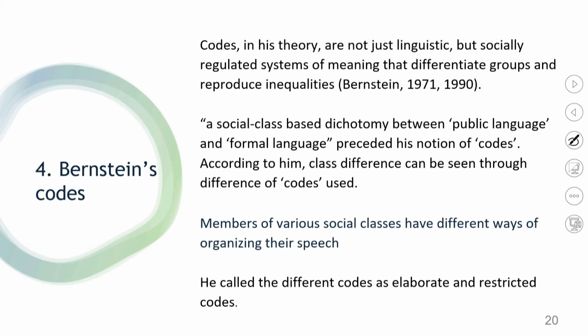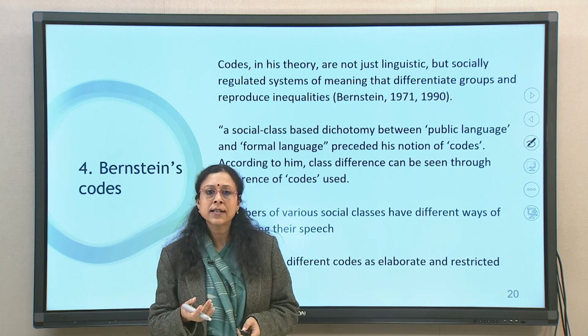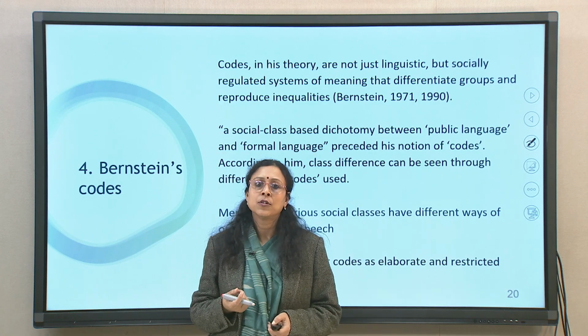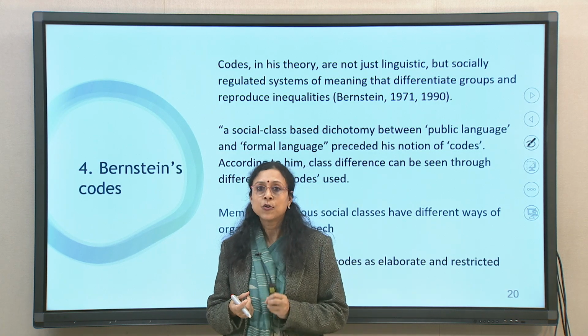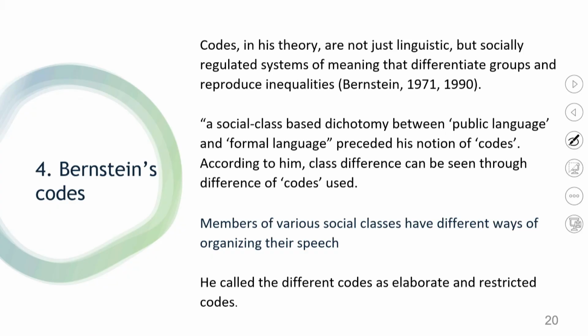He described two kinds of code, elaborated and restricted code. In his theory these codes are not just linguistic, but socially regulated systems of meaning that differentiate groups and reproduce inequalities.